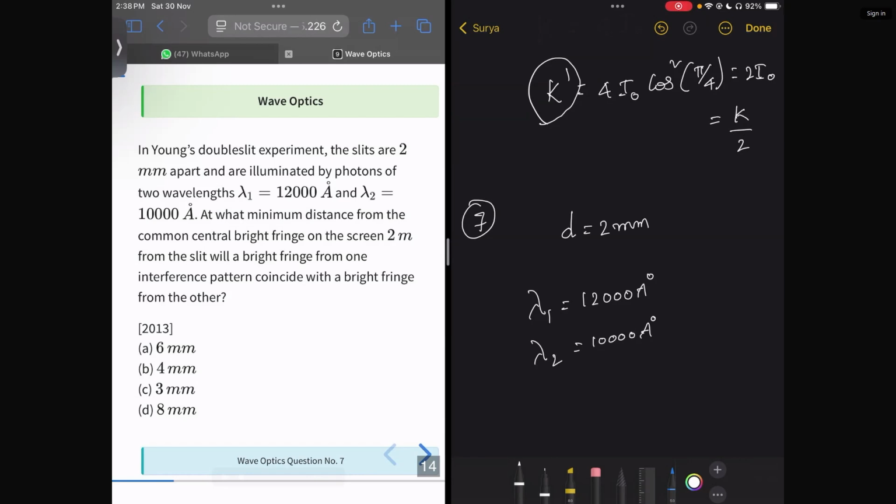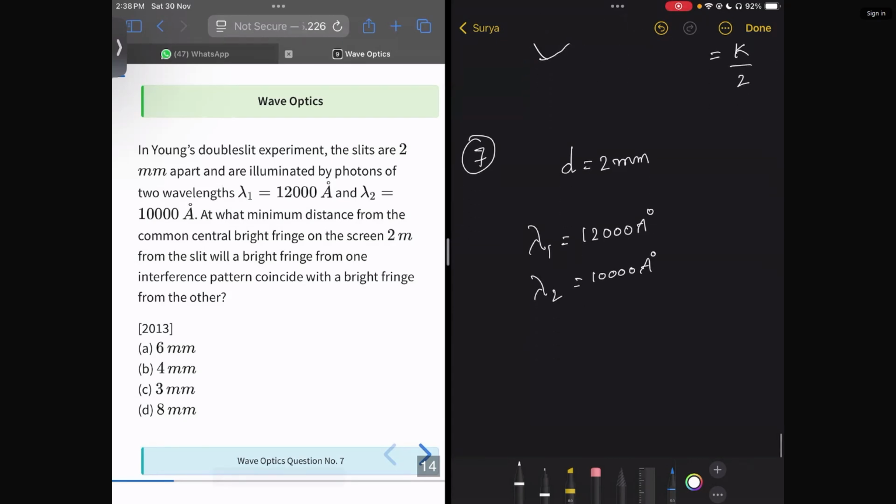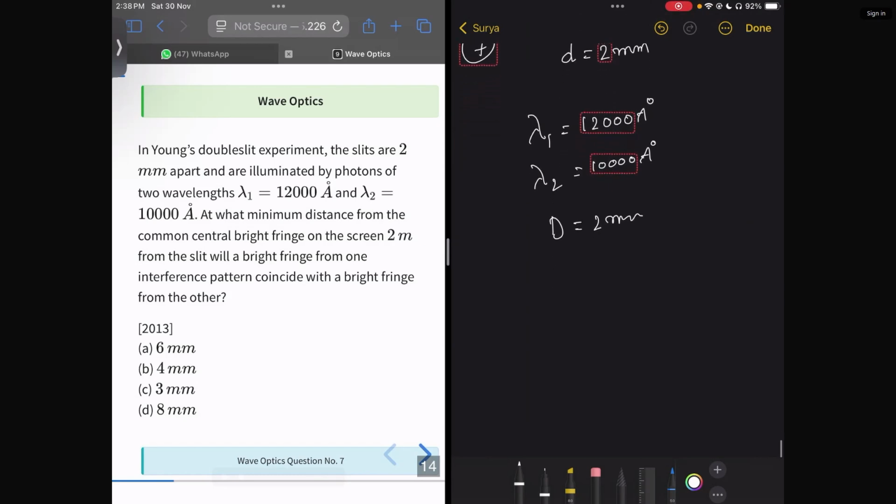At what minimum distance from the common central bright fringe on the screen, 2 meter from the slit, will a bright fringe from one interference pattern coincide with a bright fringe from the other?